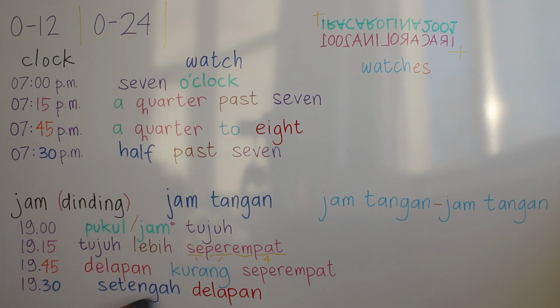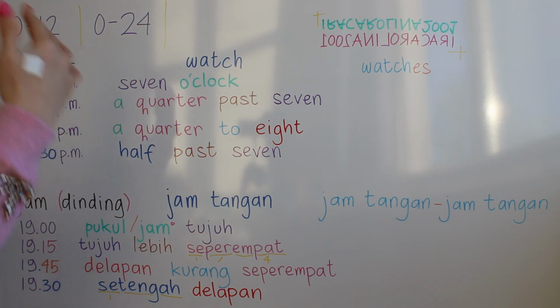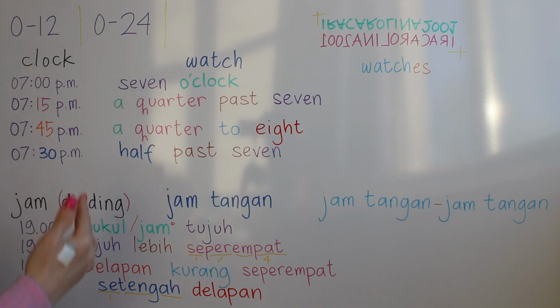We just say the half, setengah, and then 8. Setengah means half. Se is a prefix meaning one. Tengah means in the middle.